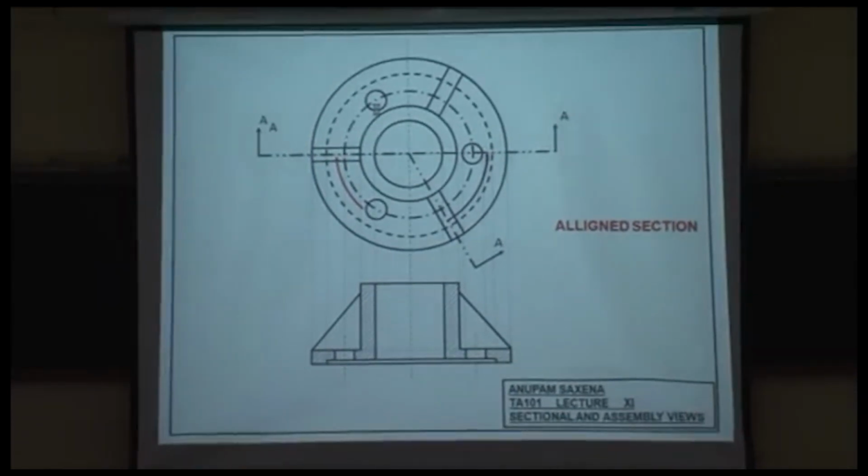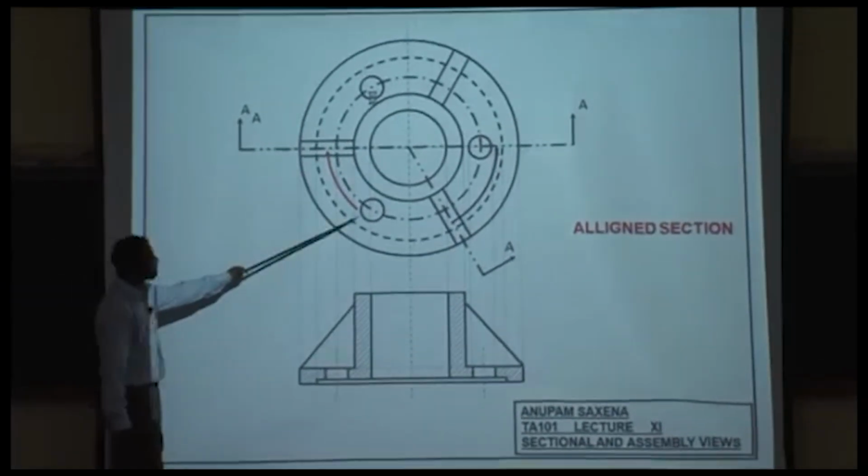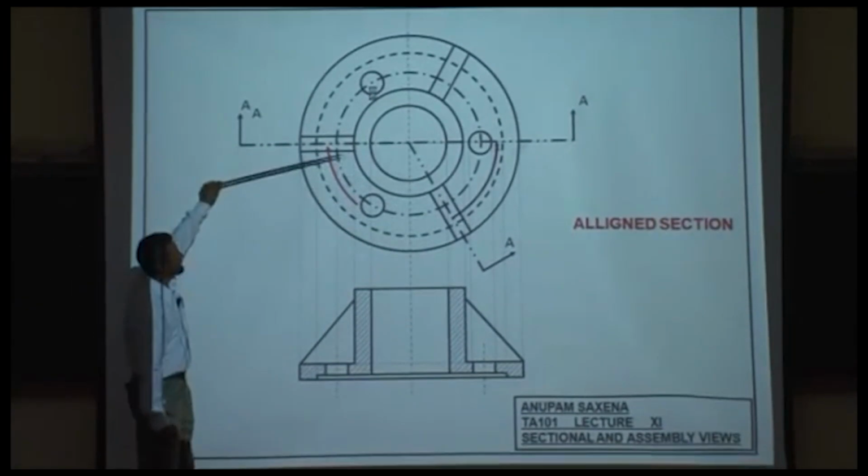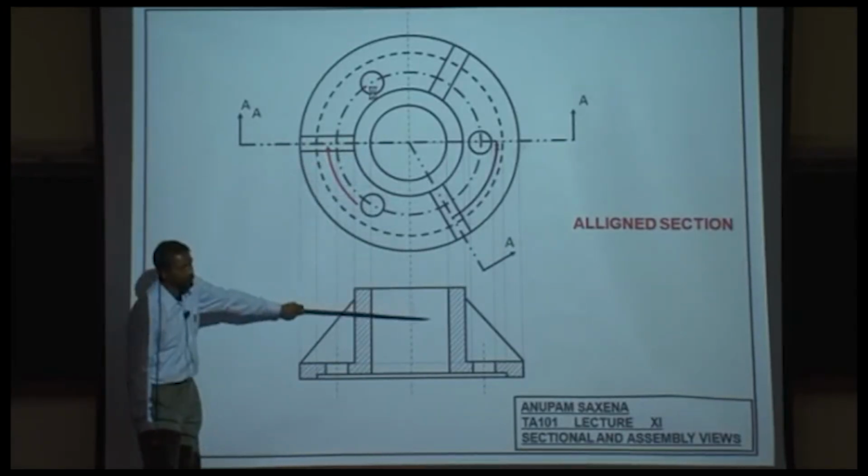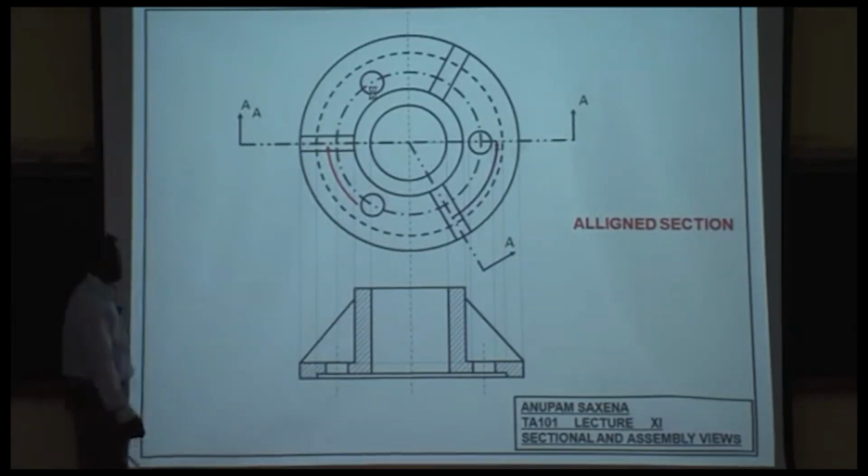Here you tend to align different features with the section plane and then show the section front view with two things in mind. Number one, clarity. Number two, true dimensions. Okay?